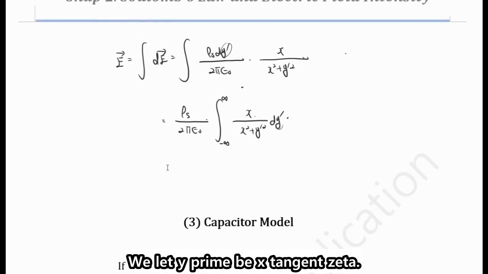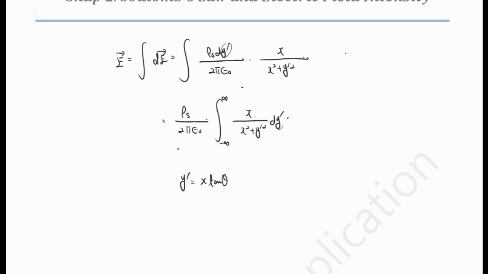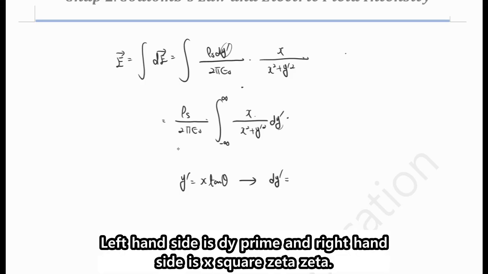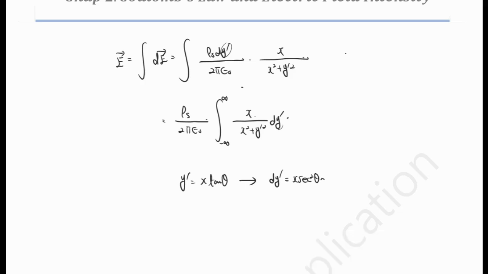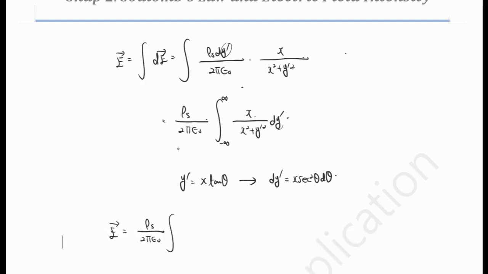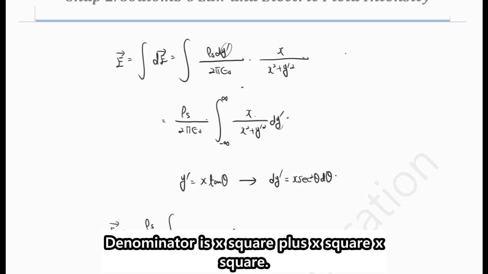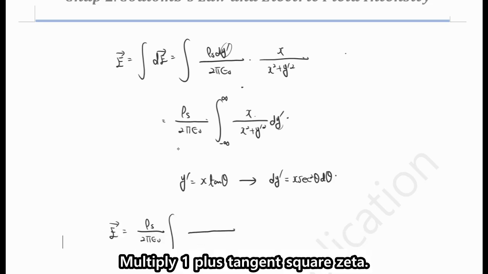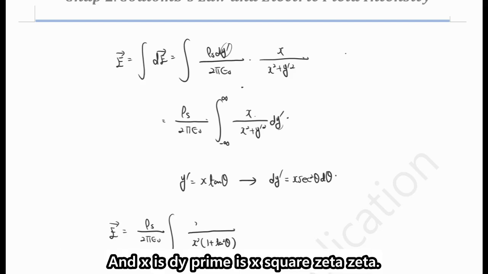We let y' be x tangent theta, and we take the derivative on both sides. The left-hand side is dy', and the right-hand side is x sec squared theta d theta. So this integration becomes rho_S over 2 pi epsilon_0 times the integral, where the denominator is x squared plus x squared tangent squared theta, that is x squared times (1 plus tangent squared theta), and dy' is x sec squared theta d theta.